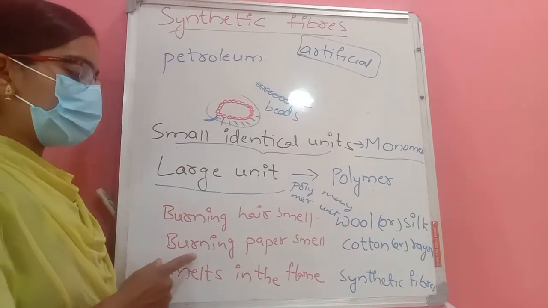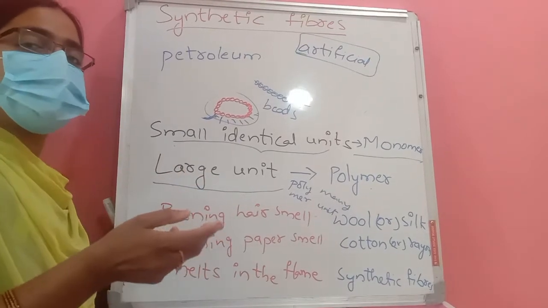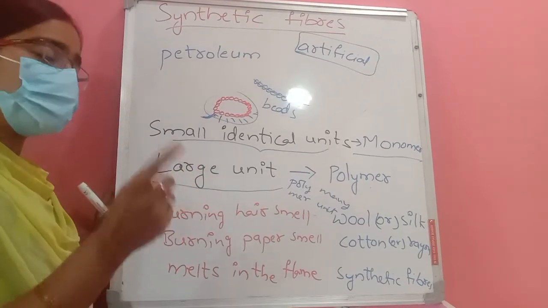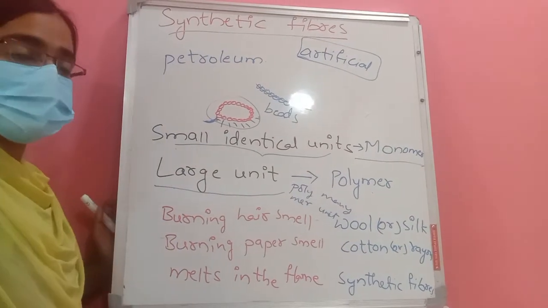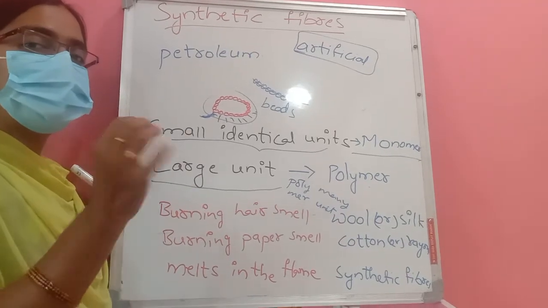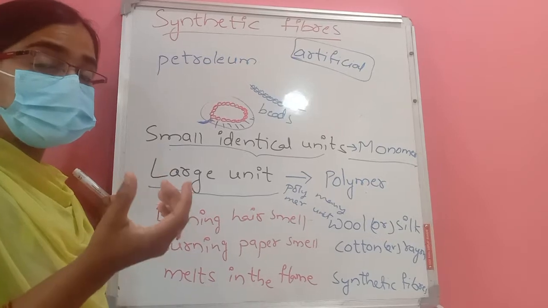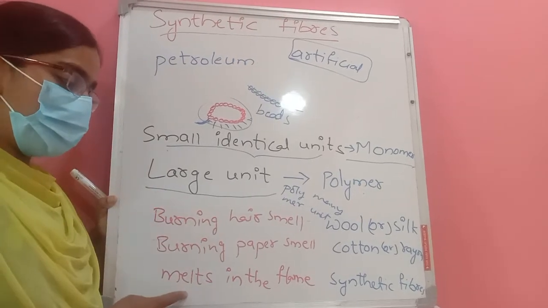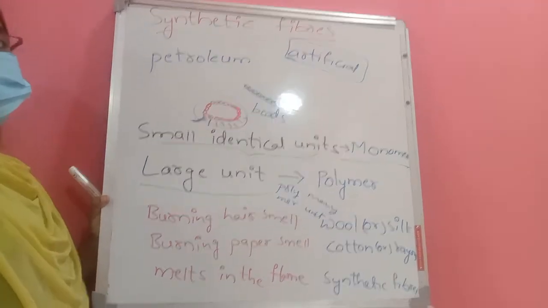If you get the smell like burning paper, then we can say that it is cotton or rayon. If you burn a fiber and it melts, meaning it converts into a liquid state, then we can say that it is a synthetic fiber.